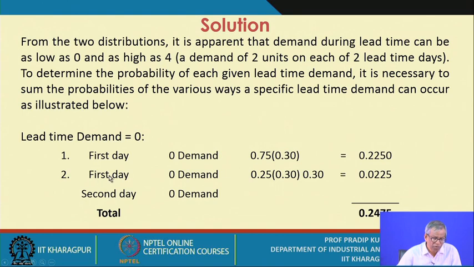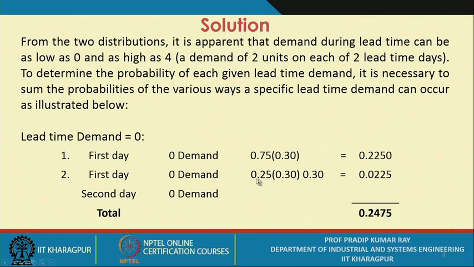Now the first day there could be 0 demand, and there could be 0 demand on the second day. Why do you consider 2 days for the demand? Because the lead time could be 2 days. So what is the probability that the lead time will be 2 days?